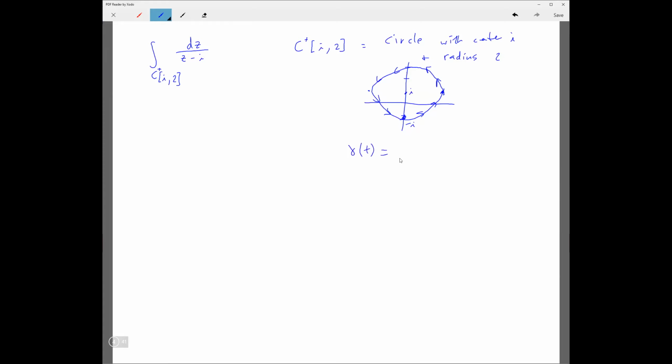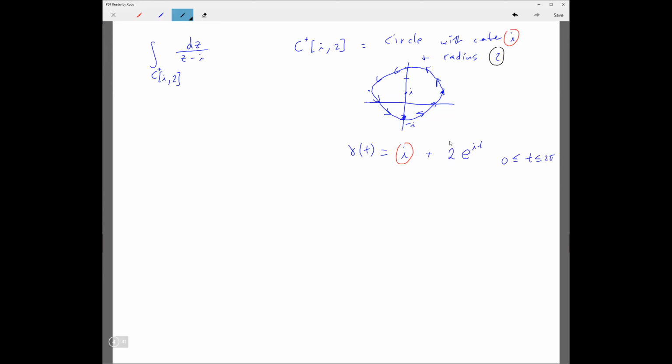You can say you start with the center. Okay, so if you have the center, and then plus the radius, which is 2, e to the it. And then let t go from 0 to 2 pi. That's a parameterization.